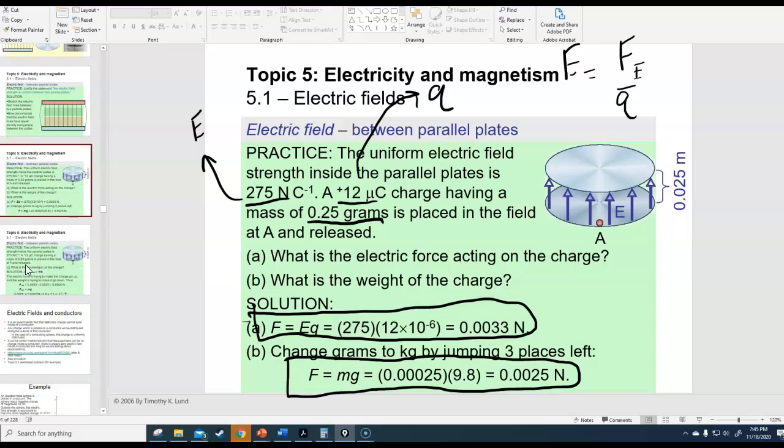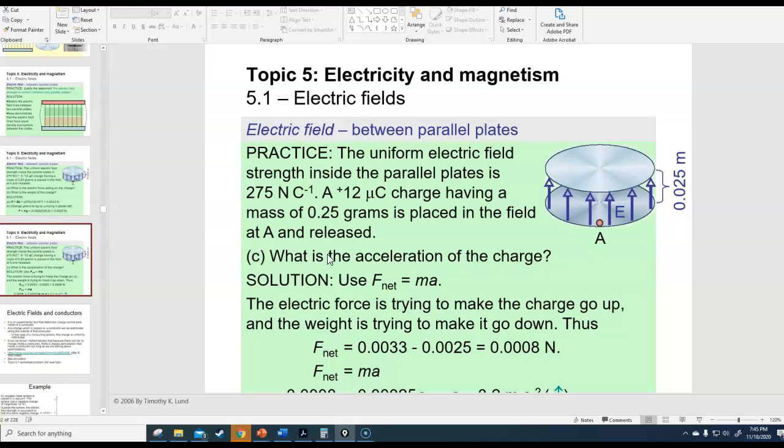Okay, so moving on to the next part of this example. Given the electric force up and the force of gravity down, I could also tie this into a Newton's second law problem. So here we see part C says, what is the acceleration of the charge? And so if we want to find acceleration, then we can just use Newton's second law, F net equals ma.